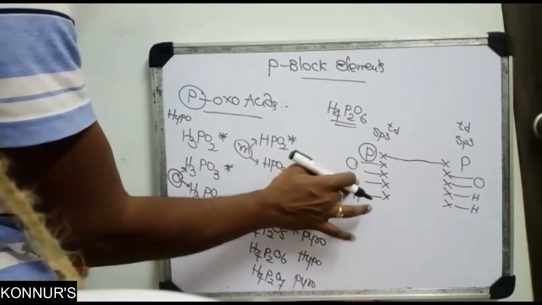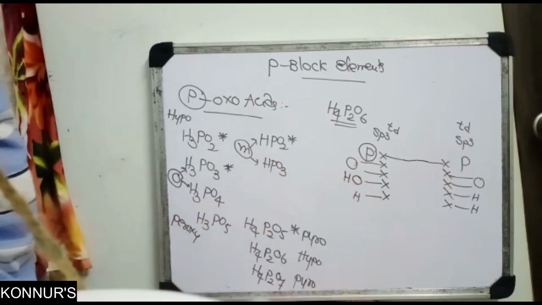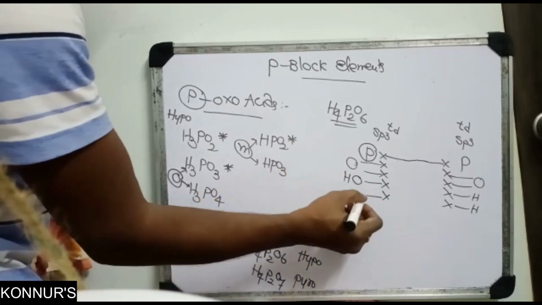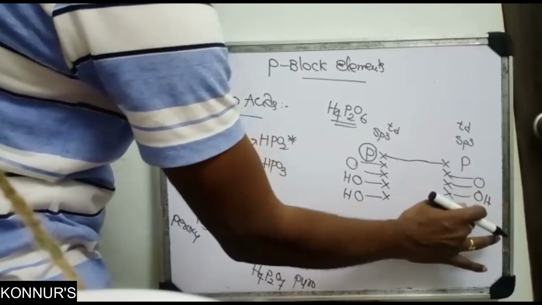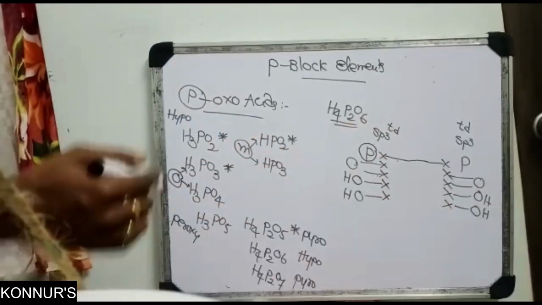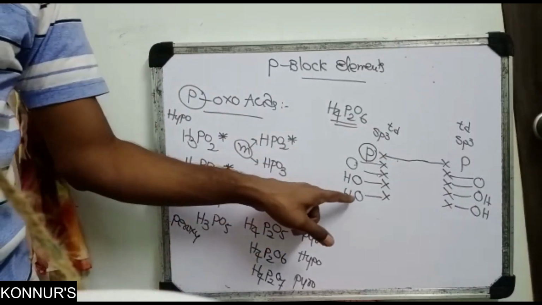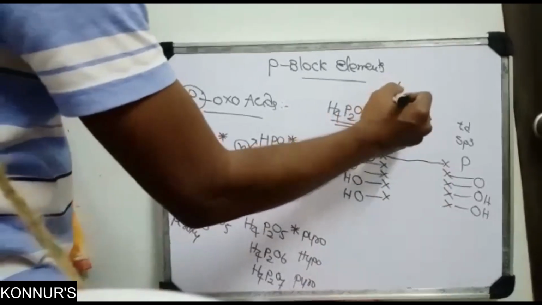So you can write O6, OH here, OH here, also OH, OH. Same thing, sp3 tetrahedral, sp3 tetrahedral. So two OHs here, two OHs. So this is what, tetrabasic acid.